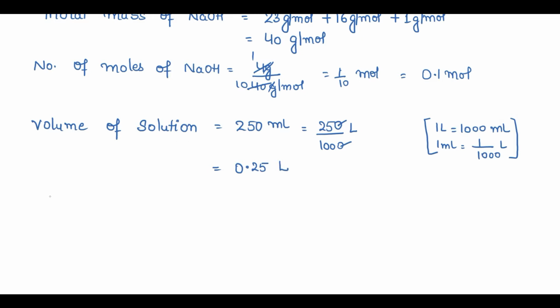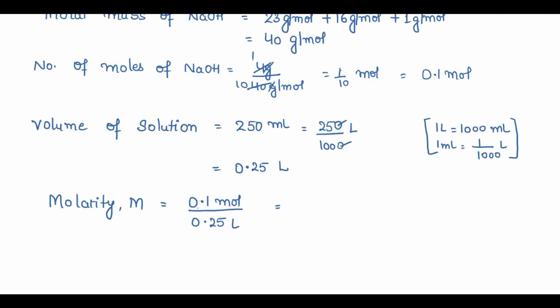Now to find the molarity, simply put the values. So molarity, it is also denoted by capital M, equal to number of moles of solute 0.1 mole divided by total volume of solution in liter. So 0.25 liter.